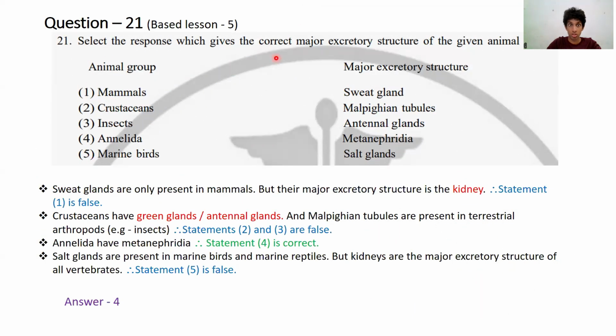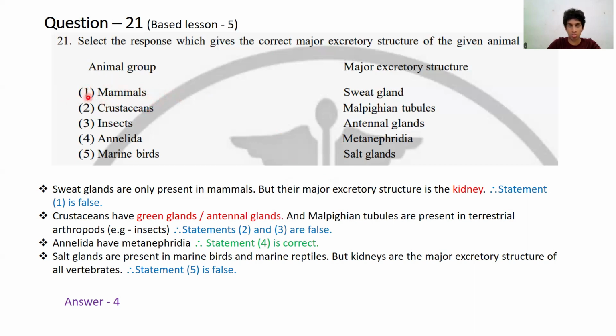Question number 21. It is based on lesson 5. Select the response which gives the correct major excretory structure of the given animal group. So here they have given the animal group, and here they have given the major excretory structure. First one, mammals. Major excretory structure, sweat gland. That's false. Of course, sweat glands are only present in mammals, but the major excretory structure of mammals is the kidney.